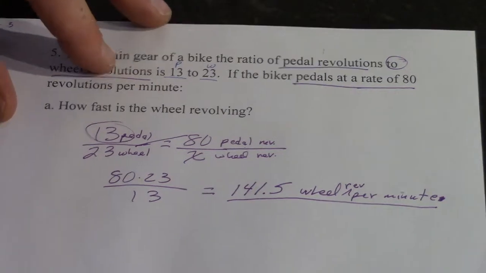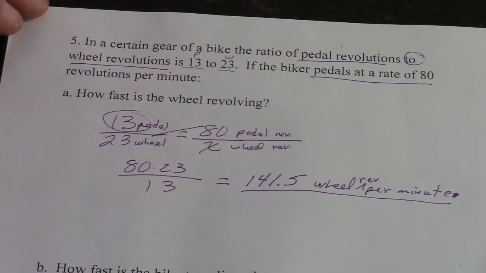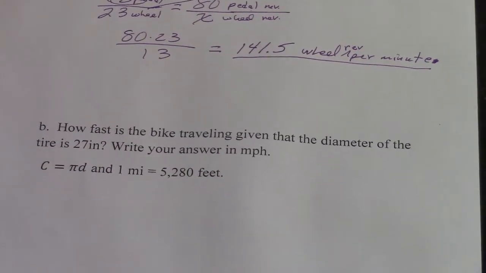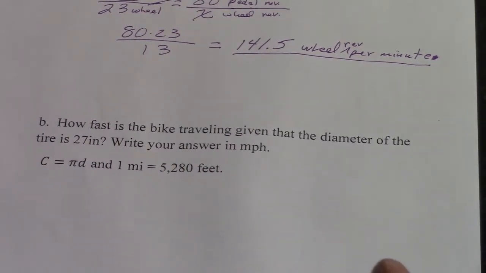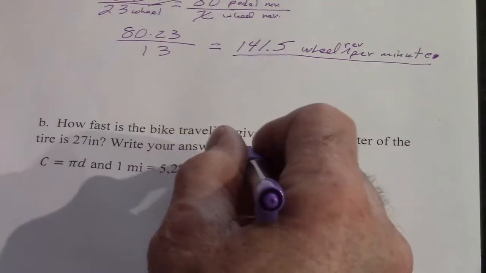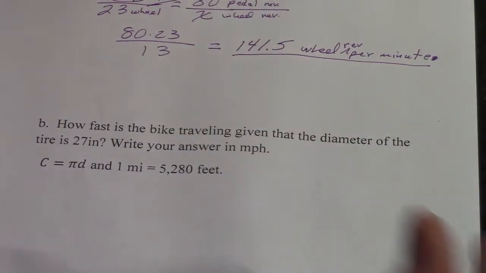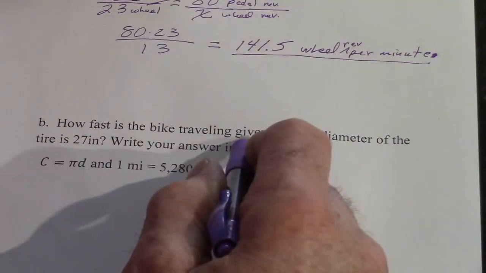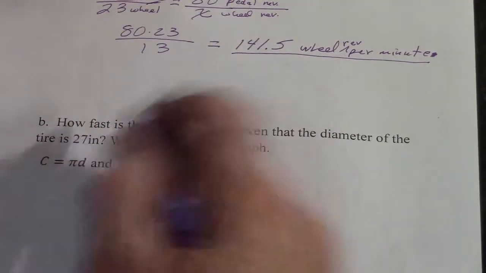Now, that's pretty straightforward. Now it says, how fast is the bike traveling given that the diameter of the tire is 27 inches? So you probably have not seen a problem like this. So let's introduce something here. It says, write your answer in miles per hour. So to begin this, if you want to find out how fast a bike is going, and it gives you the diameter of the tire.